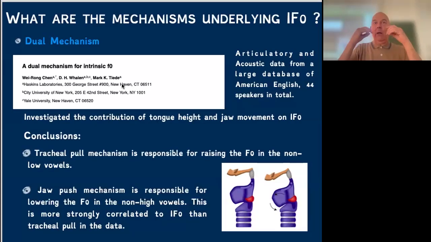So the lowering of the jaw in articulation may actually push on the hyoid, and in fact lower the larynx a bit as a result of it, so that you get rotation in the opposite direction and slight relaxation of the vocal folds. In fact, in their statistics, that was the stronger effect.